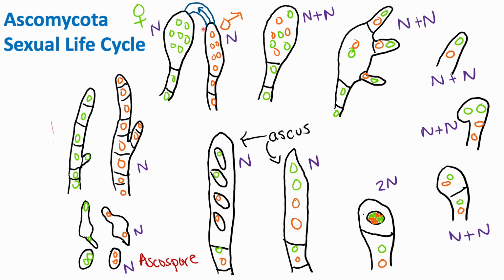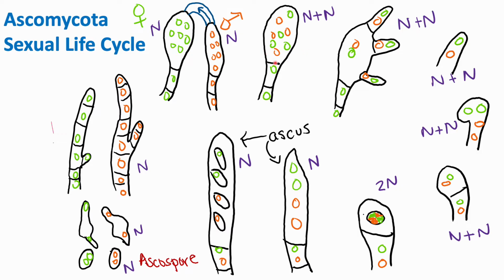But it is essentially referring to this tube that extends from the ascogonium into the antheridium, and it pulls the nuclei from the antheridium into the ascogonium. So the nuclei, we can see this arrow, the nuclei are moving in this direction. But remember that the trichogyne, the tube, was produced by the ascogonium to the antheridium. And then the nuclei move from the antheridium to the ascogonium.